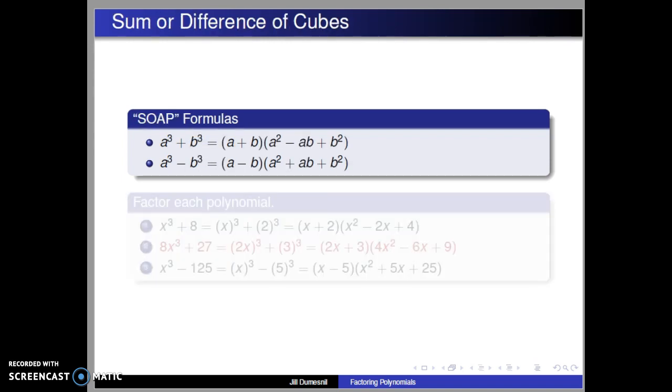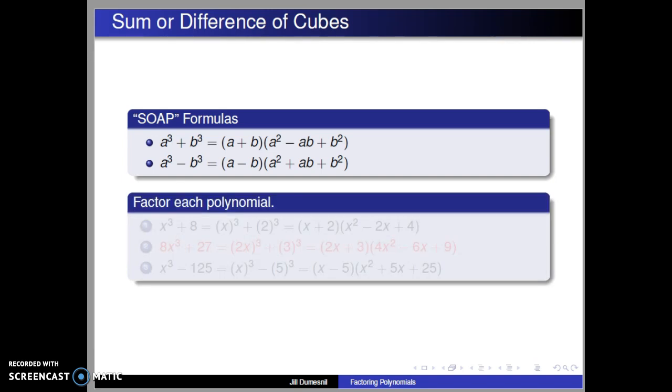Now let's consider examples that are sums or differences of cubes. Again, we have the formulas available for easy reference and want to factor each polynomial. To factor x cubed plus 8, we notice that the polynomial is the sum of cubes with bases x and 2.